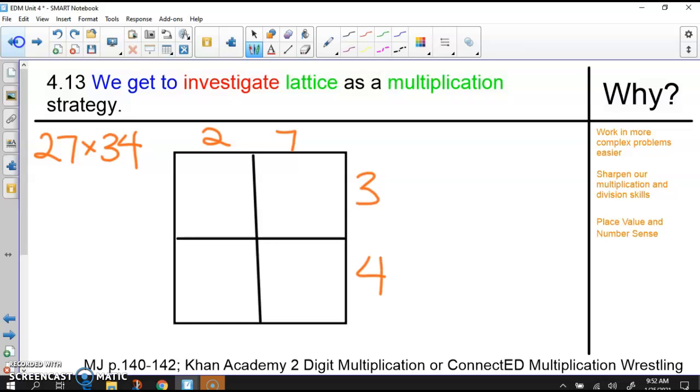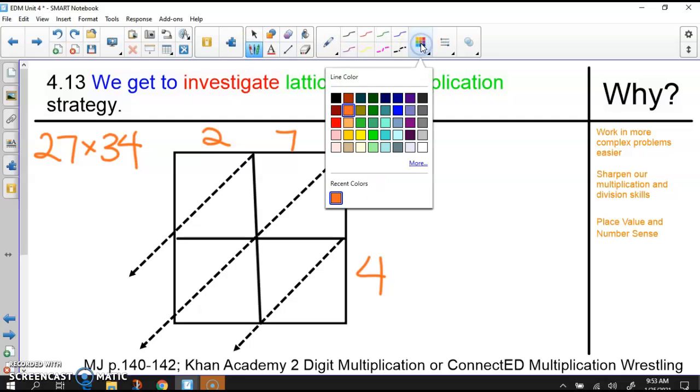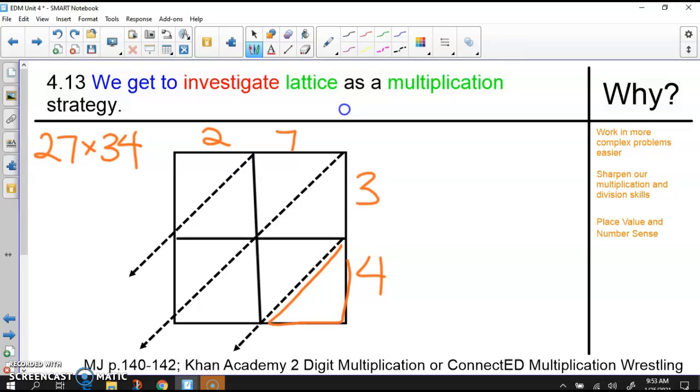When you get these lattice multiplications, you're going to see that they're set up not only as a rectangle, but also you're going to get they're going to look like that. And that's the lattice in this case, okay? And this is how I want you to think about it. Everything that ends up in this little triangle right here is the ones place.